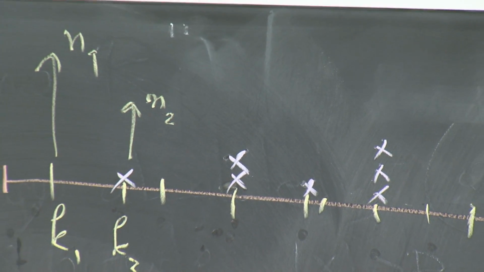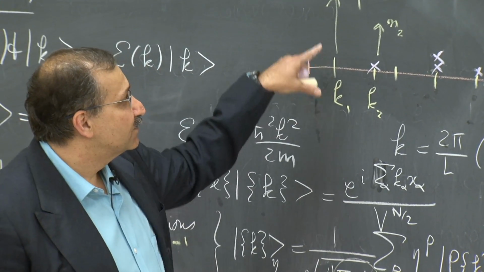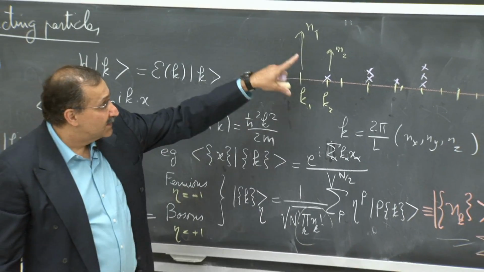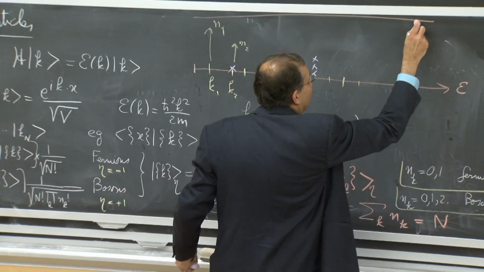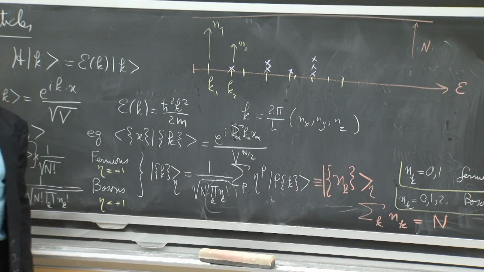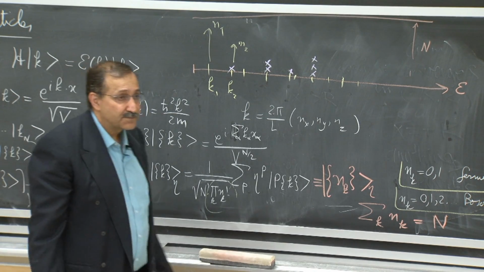And for that partition function, I have to do the sum of these exponentials, e to the minus epsilon 1 n1, e to the minus epsilon 2 n2. But the sum of all of these n's is kind of maxed out by n. I cannot independently sum over them going over the entire range.